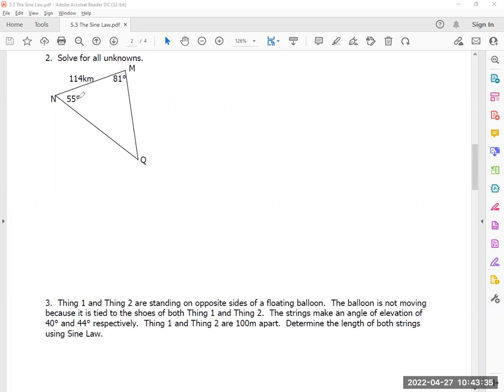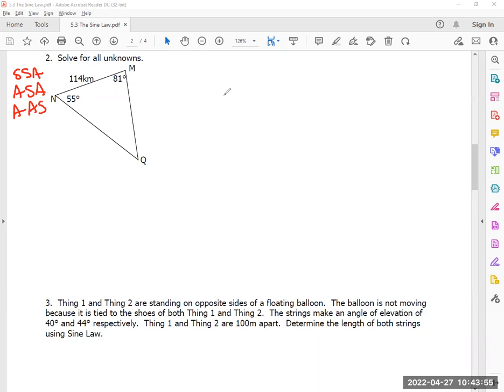Here we go. Using a highlighter, once again, you notice that this is not a 90-degree triangle. So you're going to check whether you can use side angle, angle side angle, or angle angle side. You'll get used to this acronym a little later as you practice more.